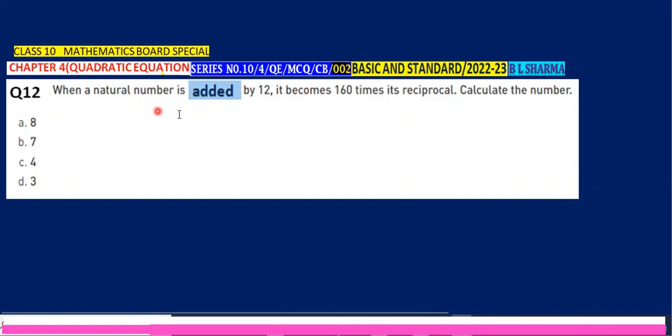Question 12. When a natural number is added to 12, it becomes 160 times its reciprocal.